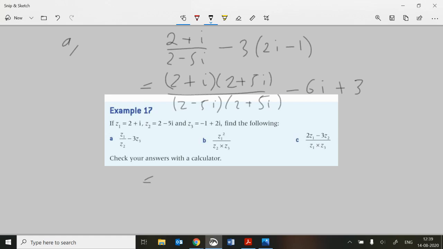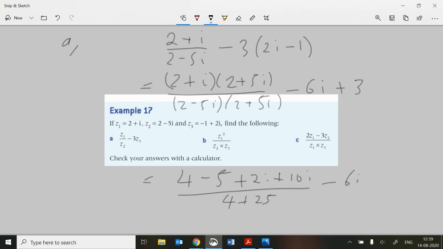Okay, so when we're timesing out the left-hand side here, we're getting 4 minus 5 plus 2i plus 10i, all divided by 2 squared, so let's just put in 4 there, and plus 5 squared, so plus 25.